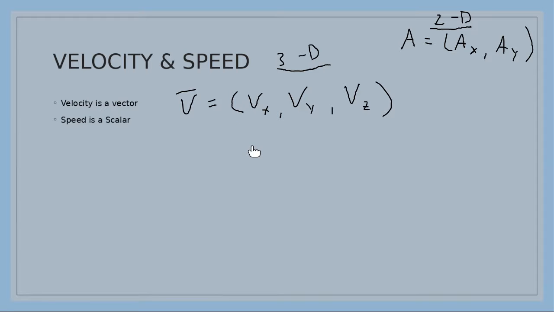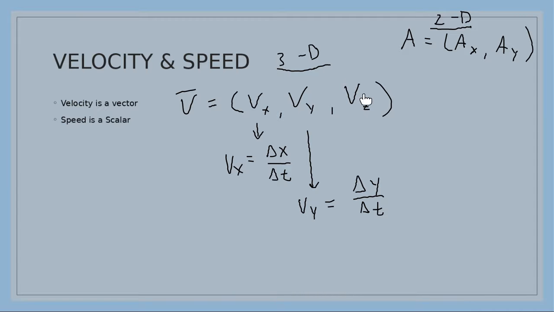But yeah, velocity is a vector, and it's given as the displacement, so your delta x divided by the change in time. Similarly, your velocity in the y direction is your displacement in the y direction divided by the change in time, and so on, similarly for the z direction.